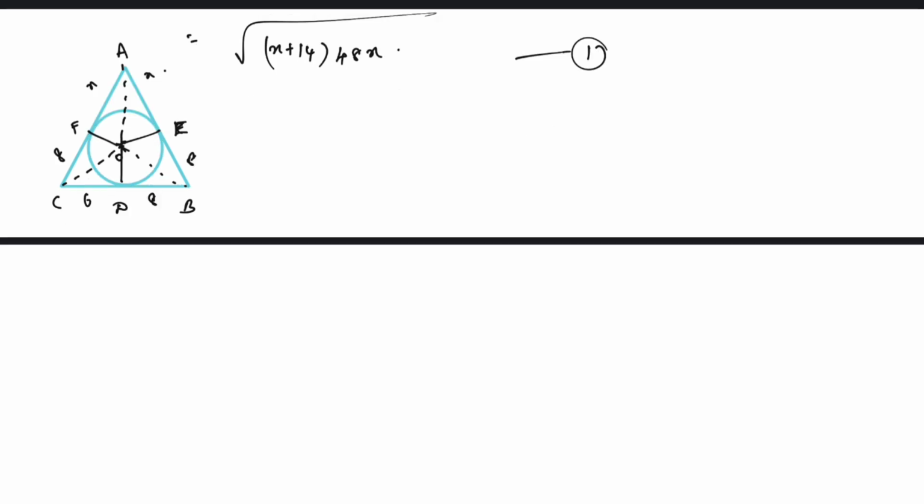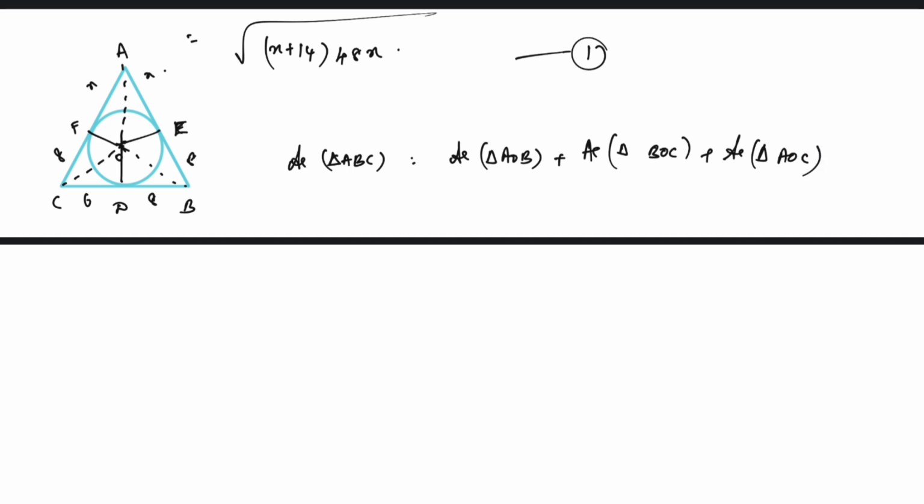We know that area of triangle ABC can be divided into the sum of three triangles. Area of triangle AOB plus area of triangle BOC plus area of triangle AOC.